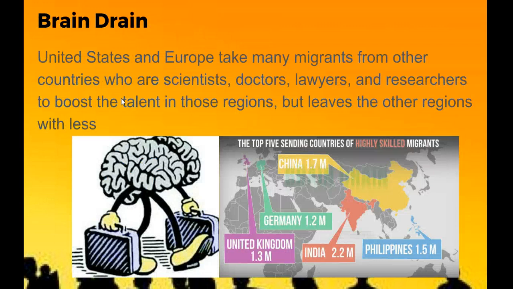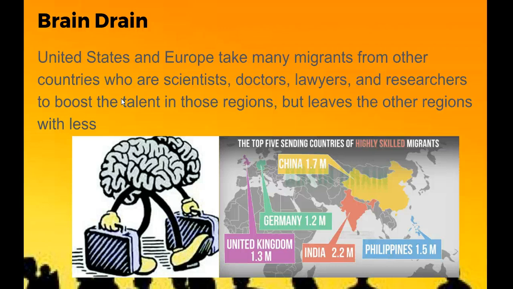Now again, the idea of the brain drain is that the United States and Europe, we take a lot of the higher skilled jobs, scientists, doctors, lawyers from the rest of the world, and we bring them to our countries or our regions because we believe we need the best and the brightest, and we're going to give them preference into coming into our country over the lower skilled jobs because we believe these people are going to help our economy.